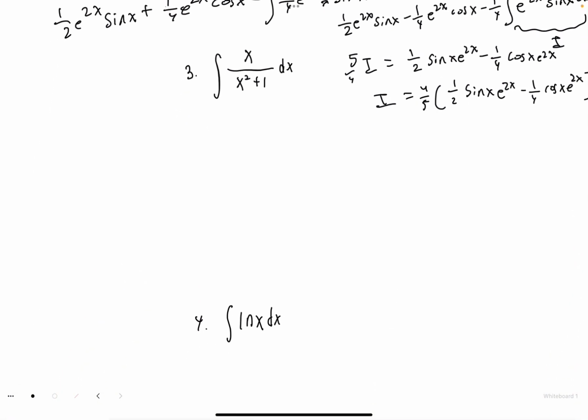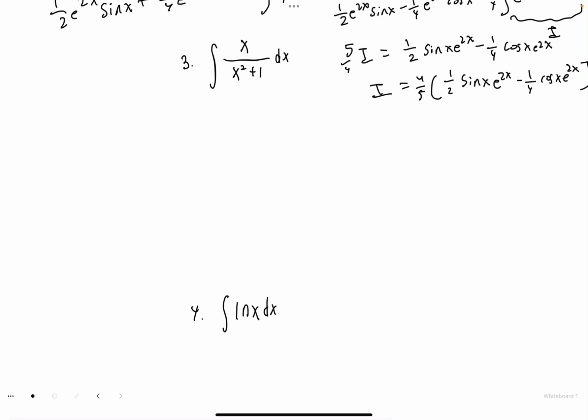The next one is going to be x over x squared plus 1. So this one we can just use u-substitution. Set u to x squared plus 1, du is going to be 2x dx because any constant is just going to be 0 in terms of the derivative. Then we can set dx equal to du over 2x.